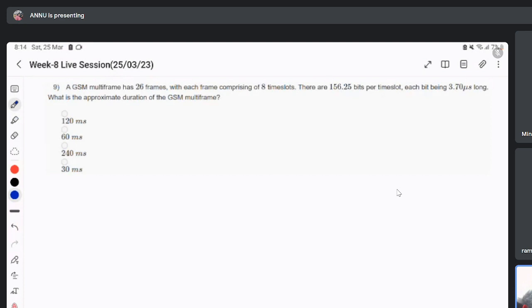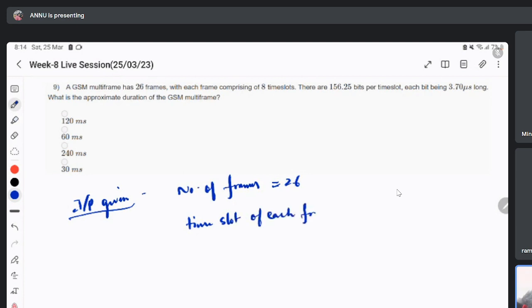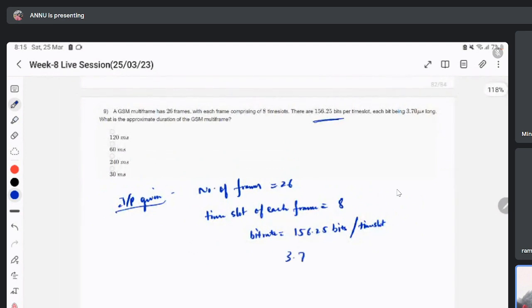The bit rate is 156.25 bits per time slot, with each bit being 3.70 microseconds long.